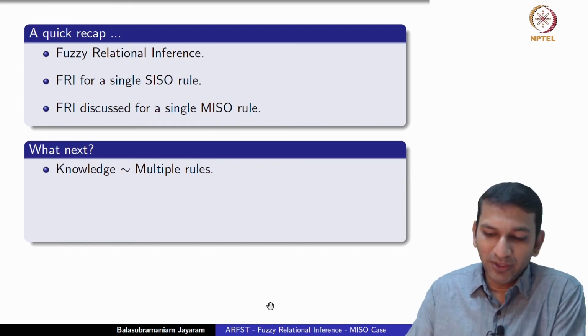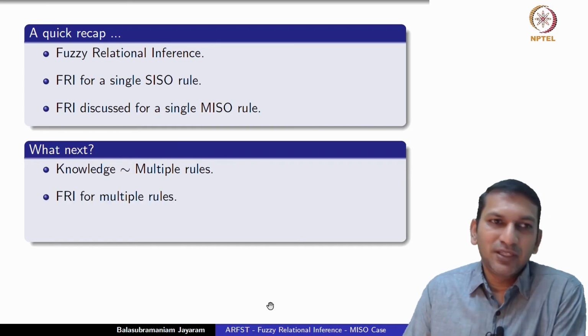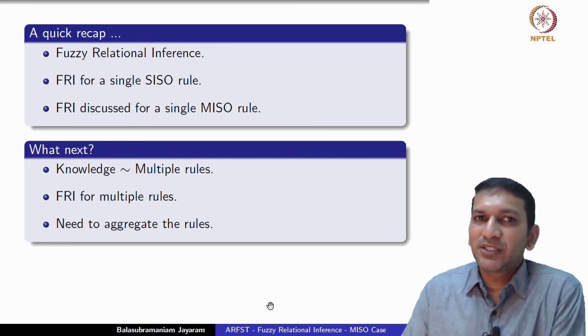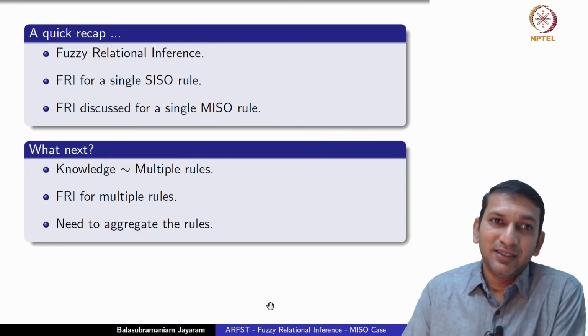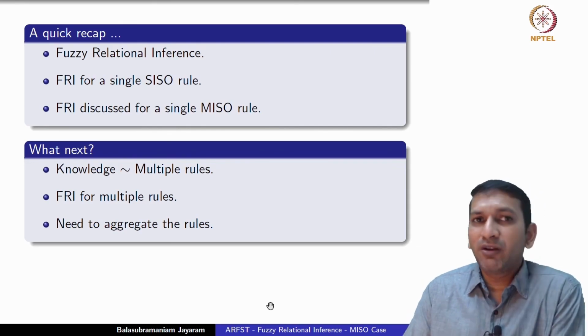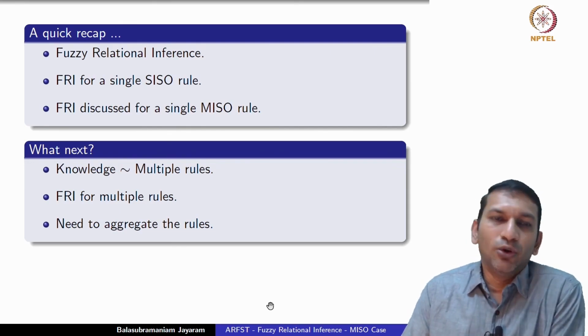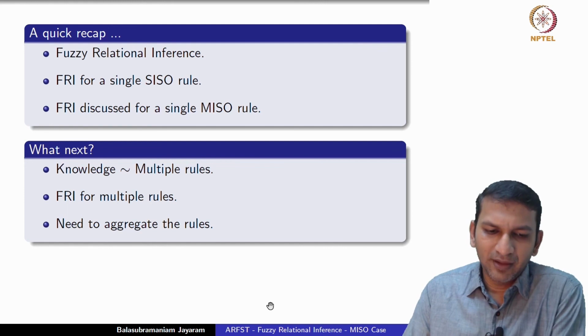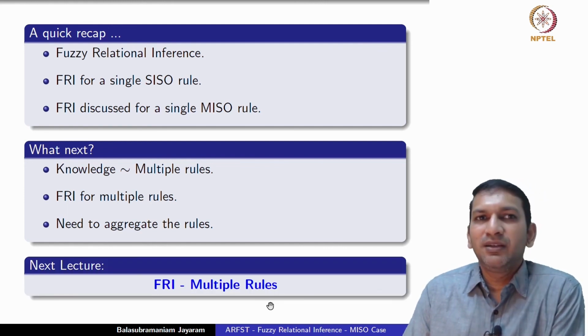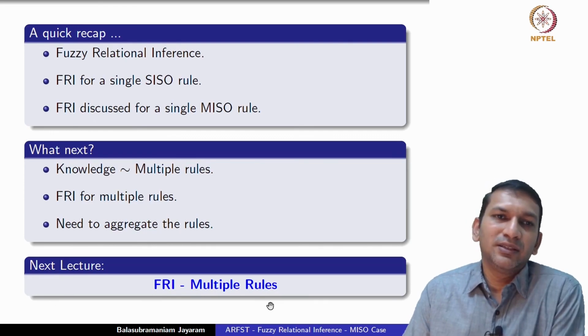We need multiple rules. We will look at fuzzy relational inference for multiple rules in the next lecture of this week. We will also see that it necessitates aggregation of pieces of information, either the representation of the rules themselves or the local outputs. So in the next lecture, we will deal with how to handle multiple rules when we are inferring with fuzzy relational inference.